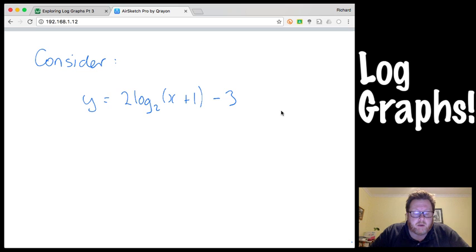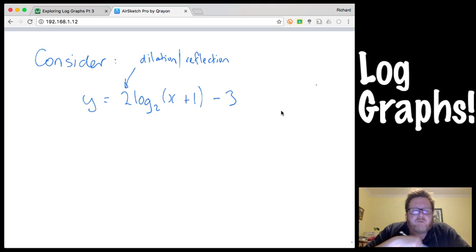Okay, so just a reminder that this number here in front of the log function is the dilation and reflection factor. So if the number in front there is a fraction, it will cause the graph to incline less steadily.